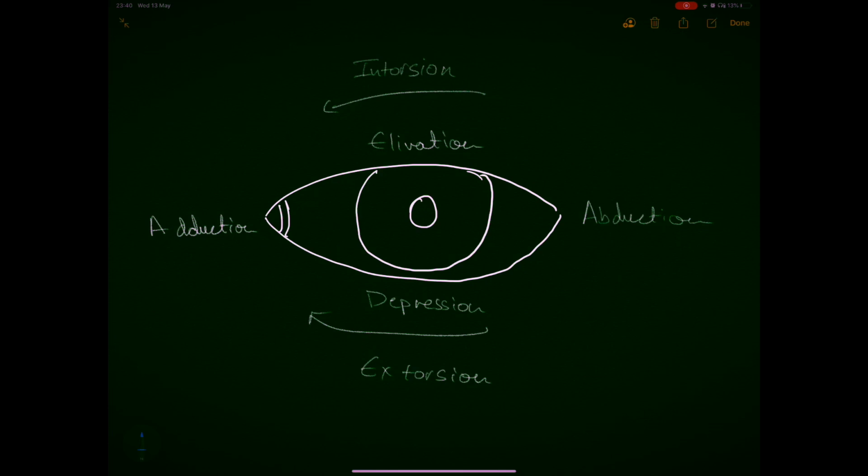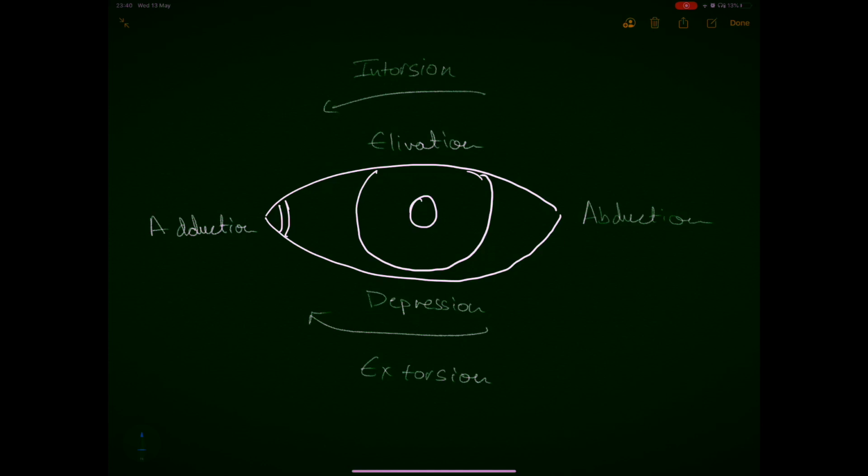There are four recti muscles, out of which all of them originate at the common tendinous ring and attach to the scleral surface of the eyeball at the region corresponding to their name. They are the superior, inferior, medial, and lateral rectus.